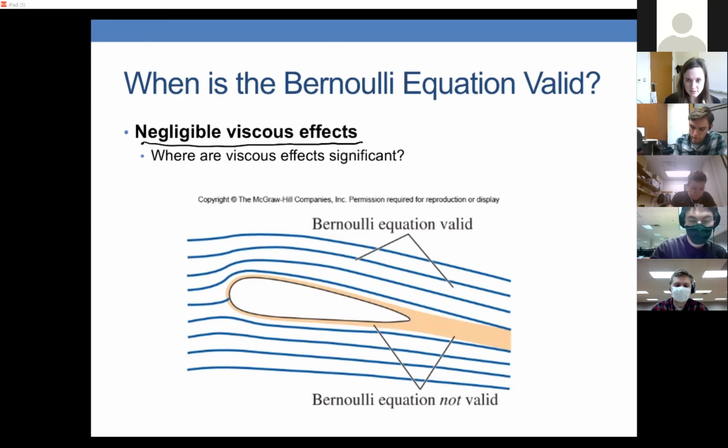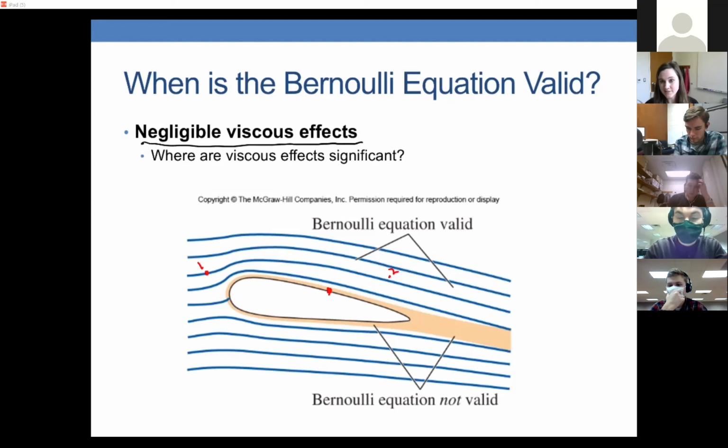Now you'll get friction, you'll get the fluid sort of dragging on itself with its viscosity. So close to a solid surface like this, you're going to get large viscous effects and the Bernoulli equation will not be valid. So you want your point 1 and your point 2 to be at least a little ways off.